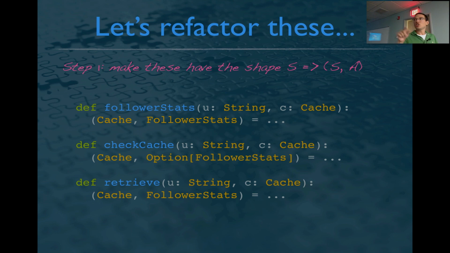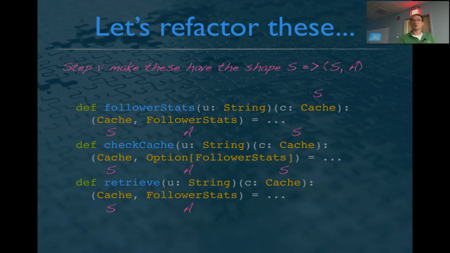We could apply just the username to followerStats. And if we apply just that username, we get back a new function that takes just a cache and returns a cache and a FollowerStats. So what's a nice way to support that syntactically in Scala? There's our S's and (S, A)s, and so we just want to get that shape right.